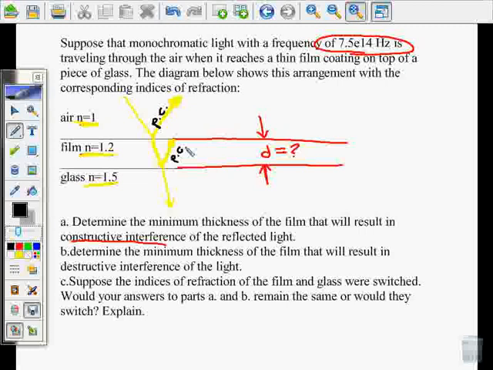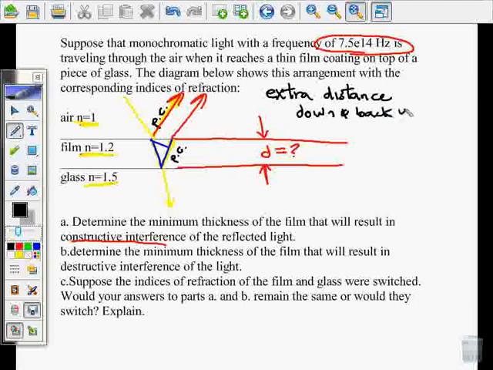how much do we want the extra distance down and back up to be, so that the light that comes off the first surface and the light that comes off the second surface are in phase, constructive interference? How much do we want that extra distance down and back up to be? So, extra distance down and back up equals 2D equals, how much do we want it to be, Michelle? 1 full wavelength.